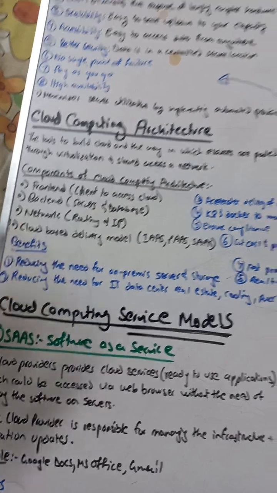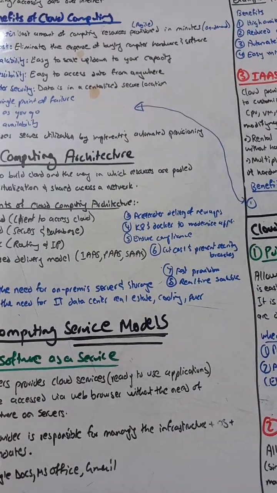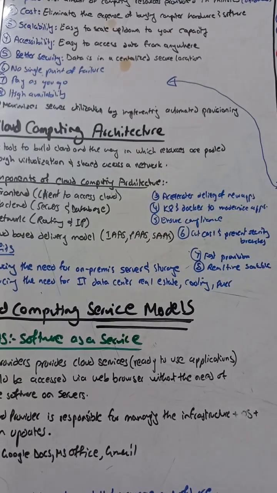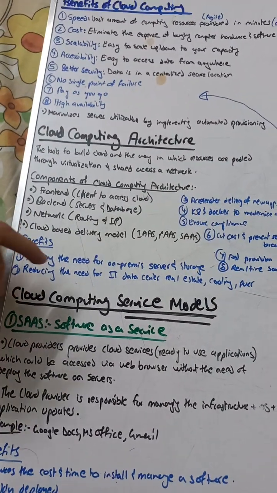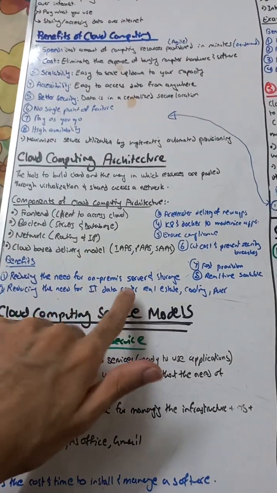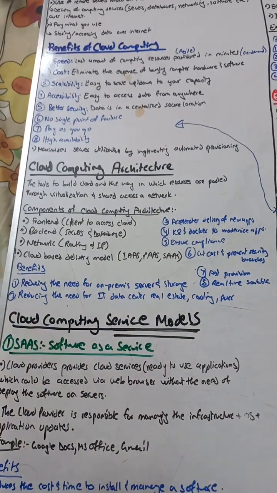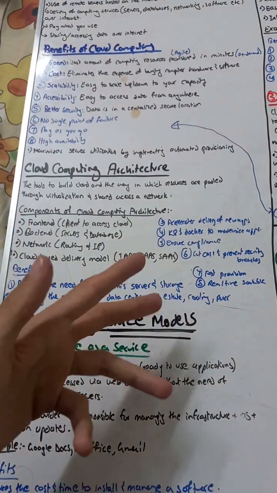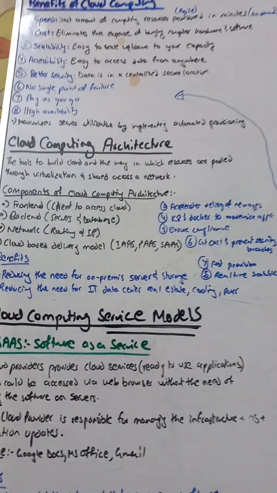What are the benefits? The benefits are that now you don't need on-premise server and storage because you're just using cloud storage instead. You're reducing the need for IT data centers, and again, you don't actually need IT data centers or real estate or cooling and power and managing all of that stuff because everything is being done for you.